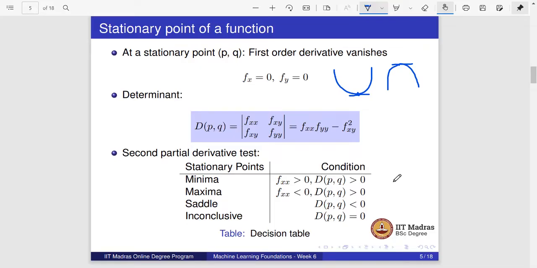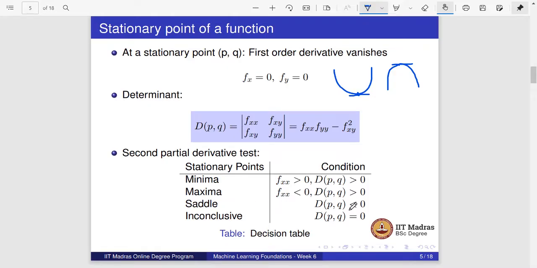If the second order partial derivative with respect to x is greater than 0 and the determinant is also greater than 0, then we say the function has a minima at the given point (p, q). If f subscript xx is less than 0, then we say it has a maxima.